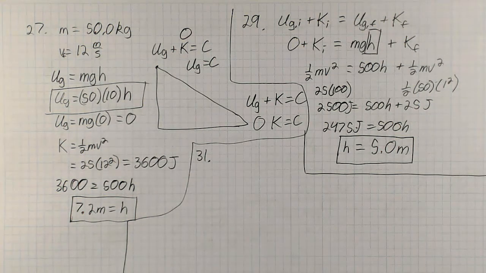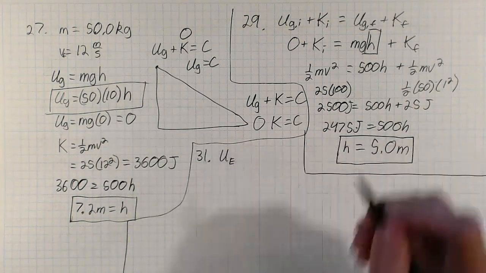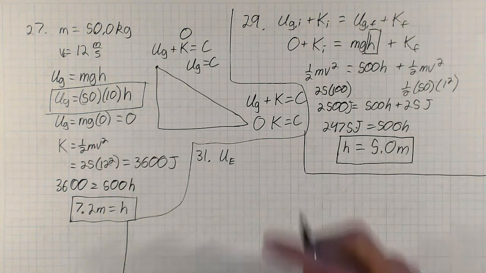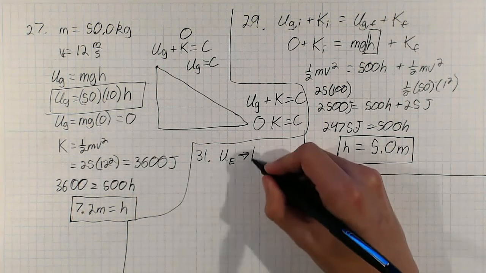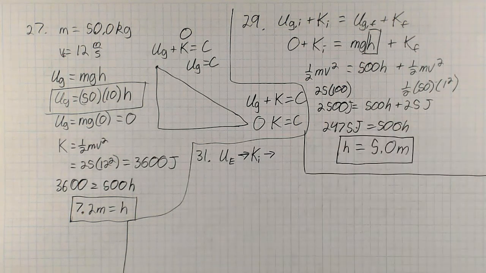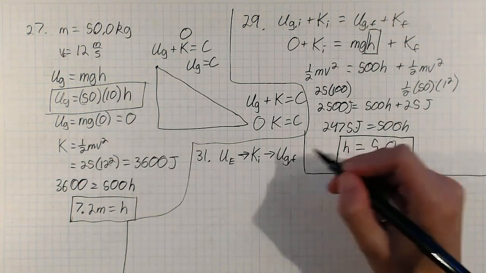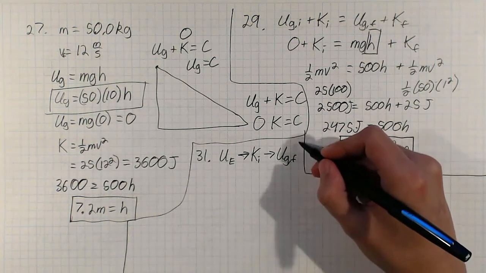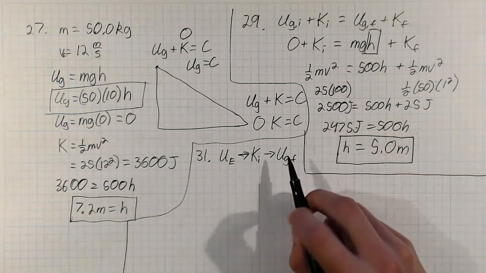So the first thing we want to do is note that at the beginning, it only has elastic potential energy. That energy then turns completely into initial kinetic energy. Then that energy turns completely into gravitational potential energy when it's at the peak of its travel.